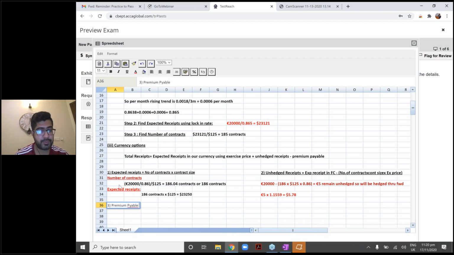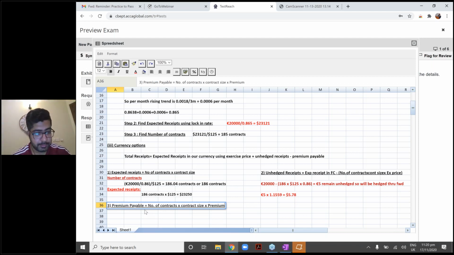The third thing which we have to find is the premium payable. We have already discussed the formula: premium payable is number of contracts into contract size into premium.